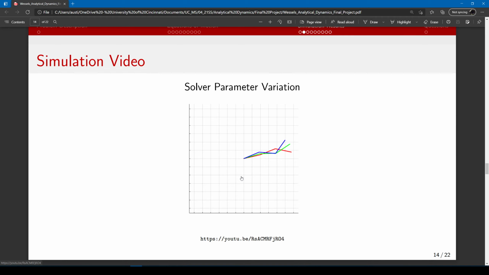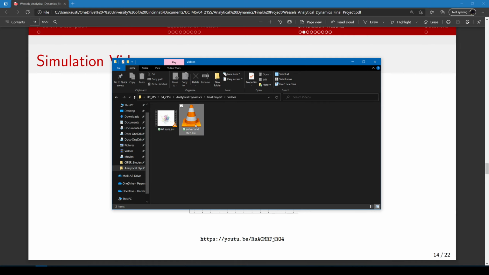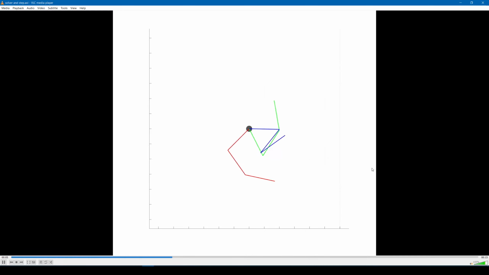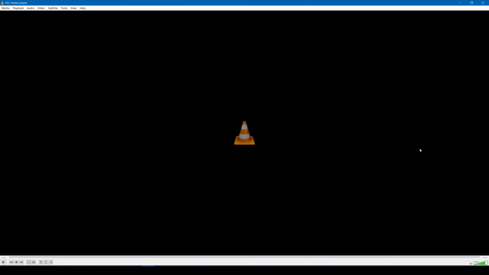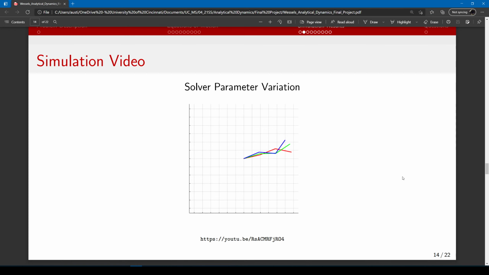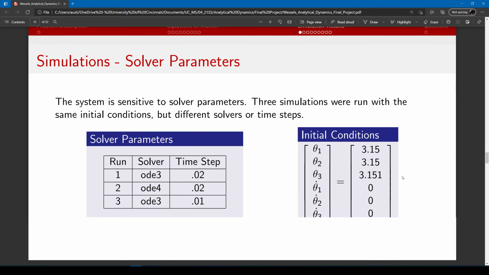You can go ahead and click on the image or the link to view this video on YouTube. I'll pull it up on my computer here. You can see the 3 pendulums are running, and they diverge, and they're not consistent with each other. It doesn't really matter which one is which, but the important thing to see is that there are 3 different pendulums doing 3 different things, even though they're all the same initial conditions running the same dynamics.